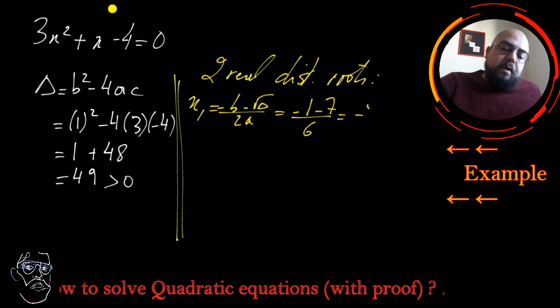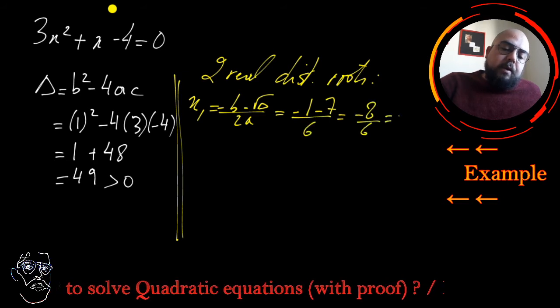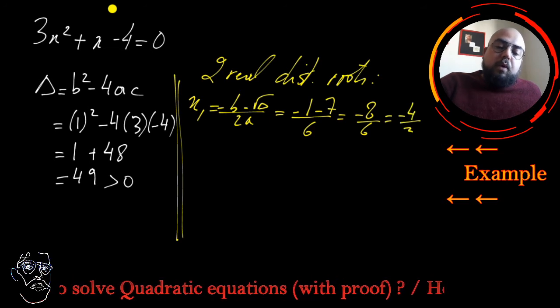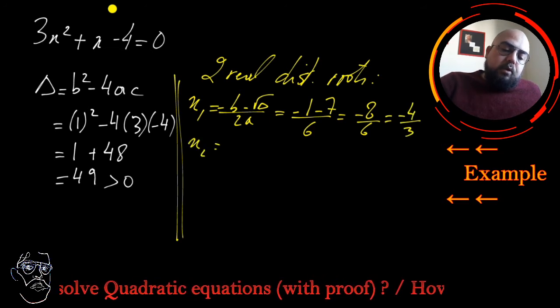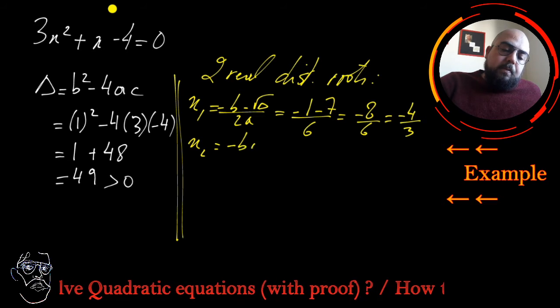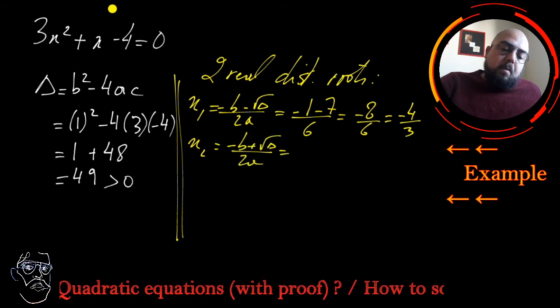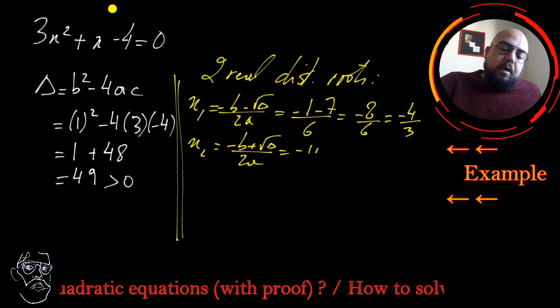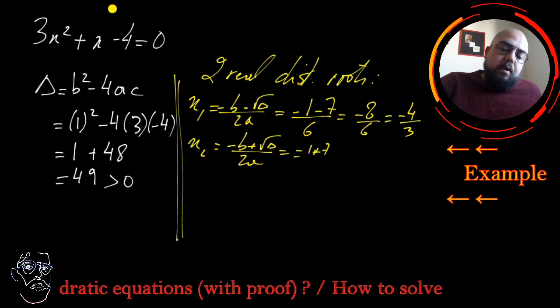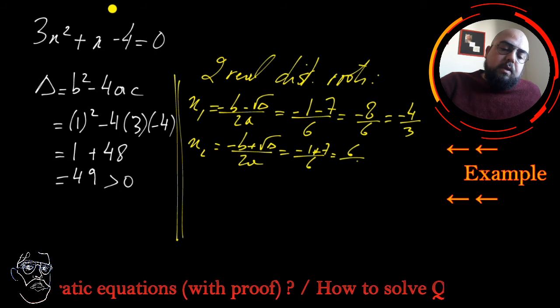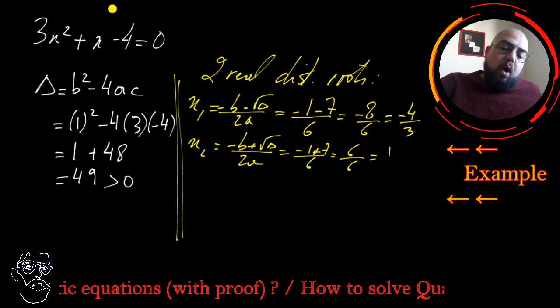So it will be minus 8 over 6, it's minus 4 over 3. x2 is equal to minus b plus square root of delta over 2a. So it's negative 1 plus 7 over 6. So it's 6 over 6, which is equal to 1.